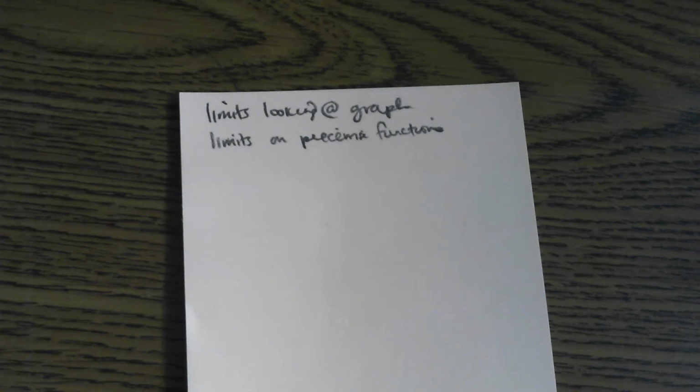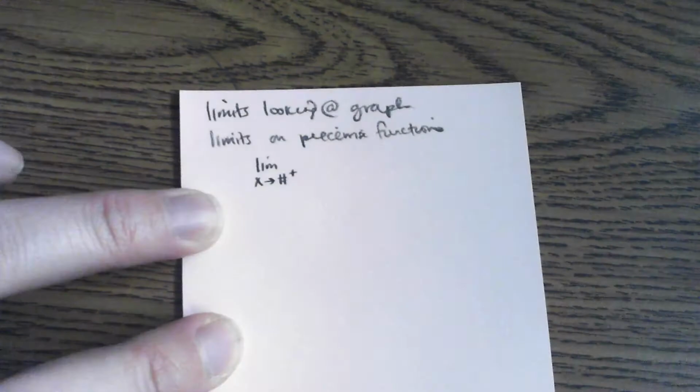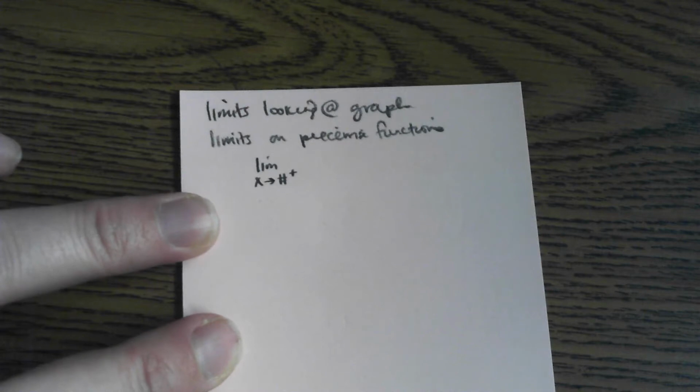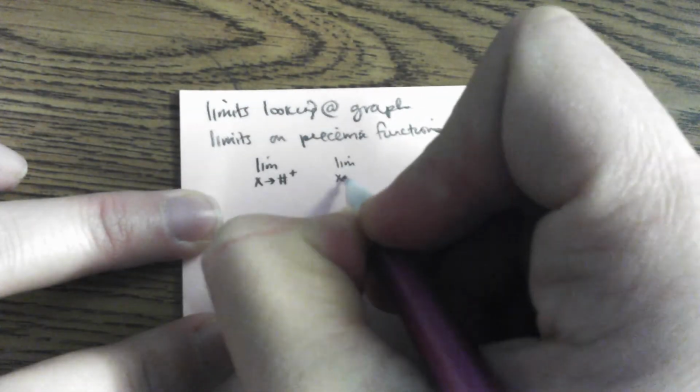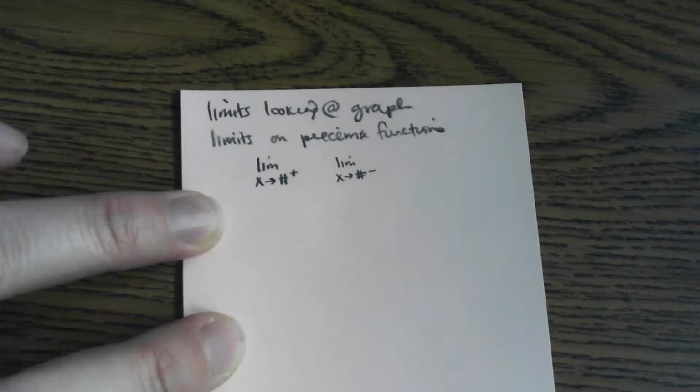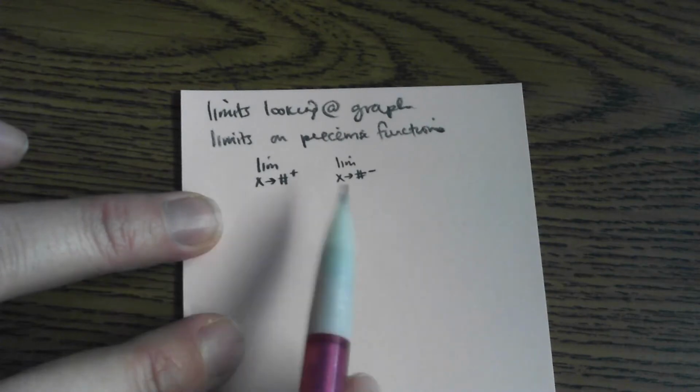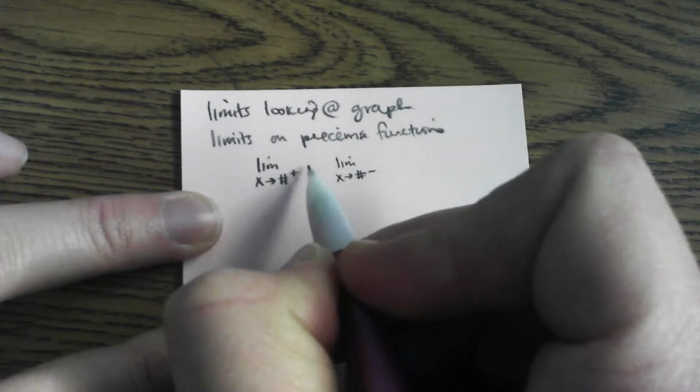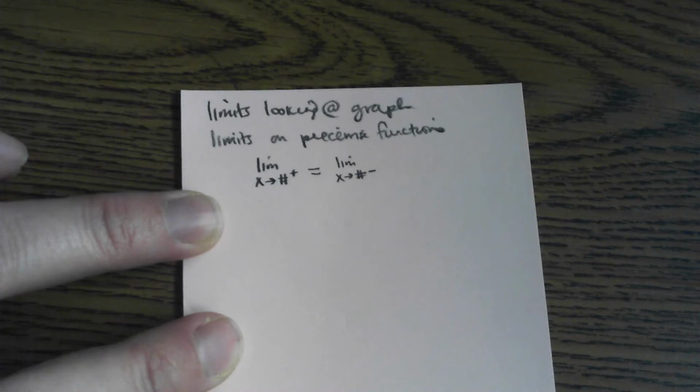Should be easy. If you're looking at the equation of the piecewise function, making sure that you're looking at the limit as you approach whatever number it is from the right. So plug the number in when you're coming at it from the right, and also the limit as you approach the number from the left, and your overall limit is only going to exist if these equal each other, right?